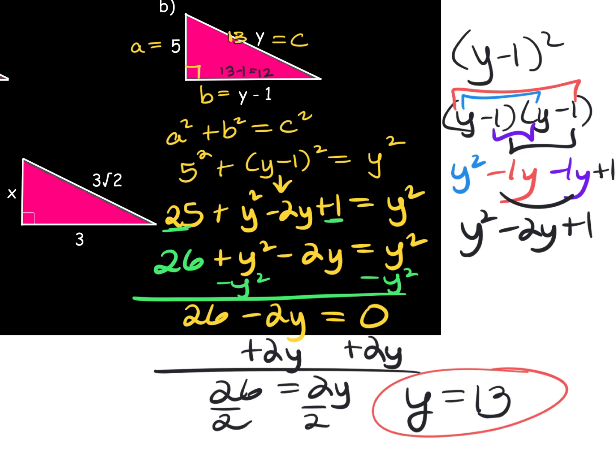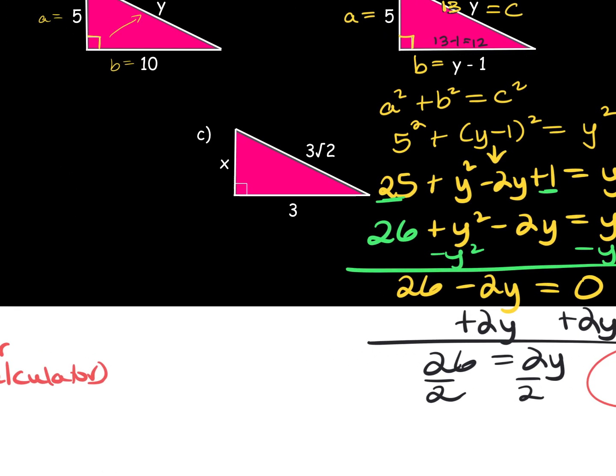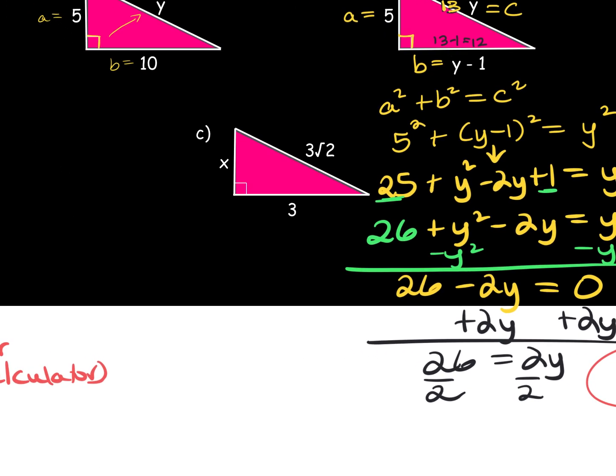Let's try part C, where, again, I'm going to apply the Pythagorean Theorem. So again, I could say the X side here is my A, this is my B, and this could be my C. It's across from the right angle. So again, I'm plugging it into A squared plus B squared equals C squared.